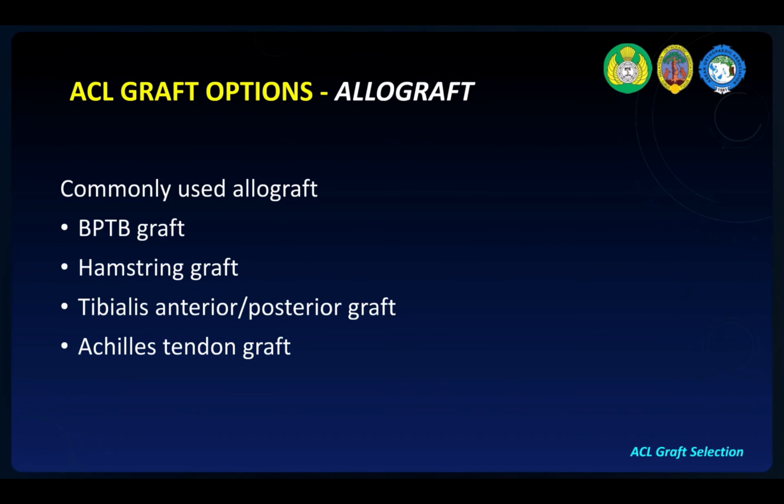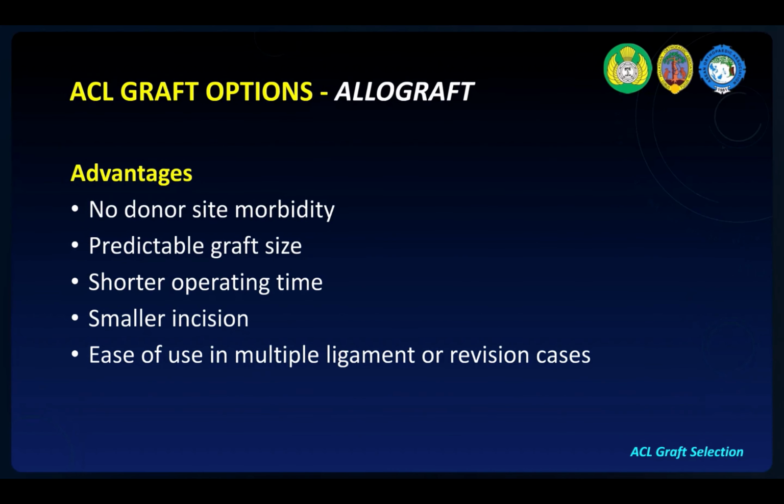The other ACL graft option is allograft. The commonly used allografts are BPTB graft, hamstring tendons, tibialis anterior and posterior tendons, and Achilles tendon graft. The advantages of allograft: no donor site morbidity, a predictable graft size, shorter operating time, a smaller incision, and use in multiple ligament or revision cases.